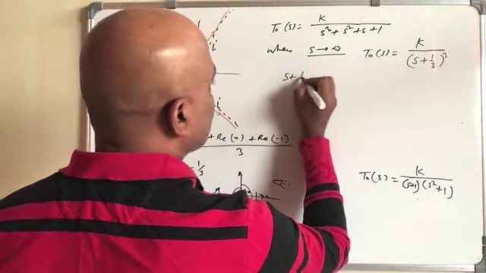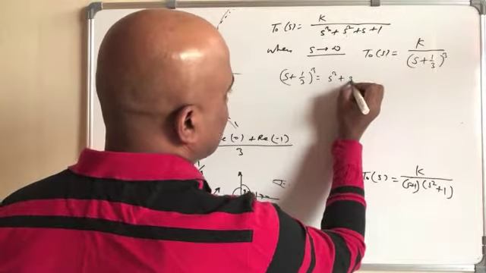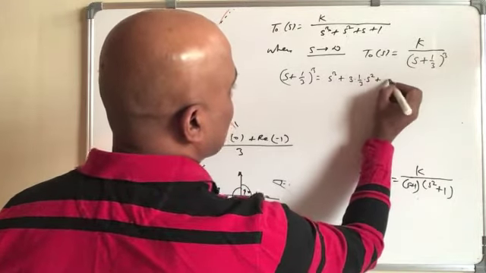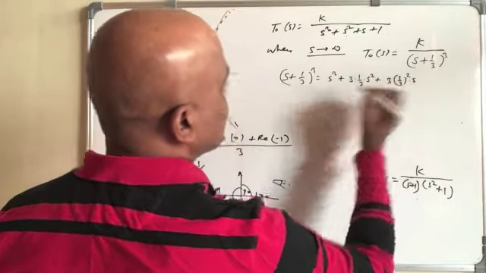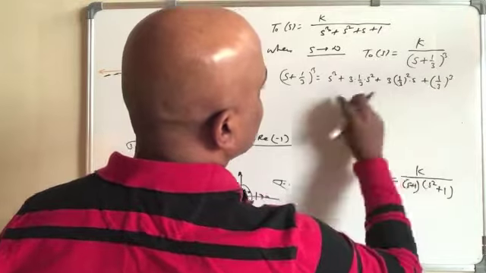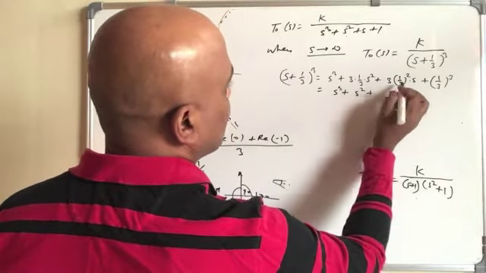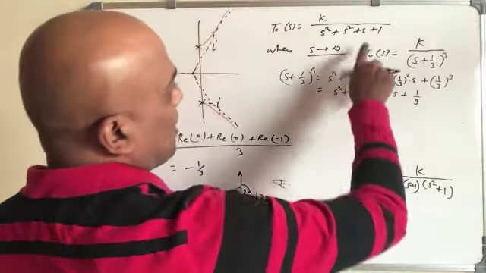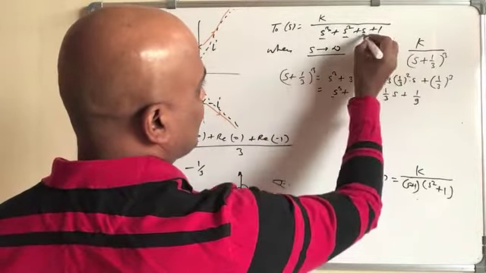If you expand (s plus 1/3) to the power 3, you get s cubed plus 3 times 1/3 times s squared plus 3 times (1/3) squared times s, plus (1/3) cubed. So you get s cubed plus s squared plus 1/3 s plus 1/27. The first and second terms match, only the third and fourth do not.